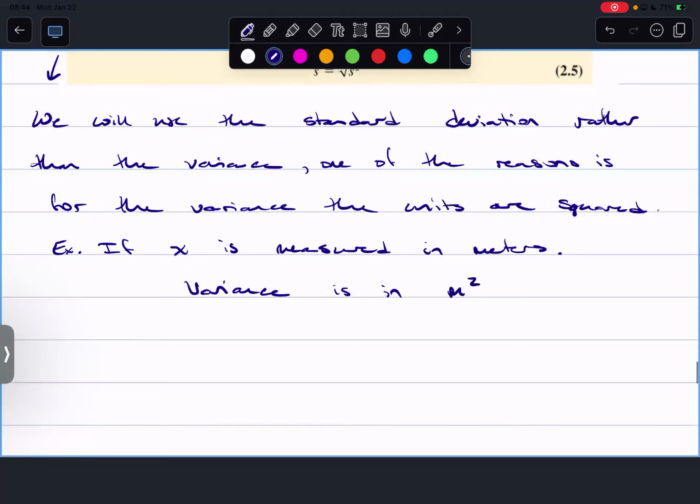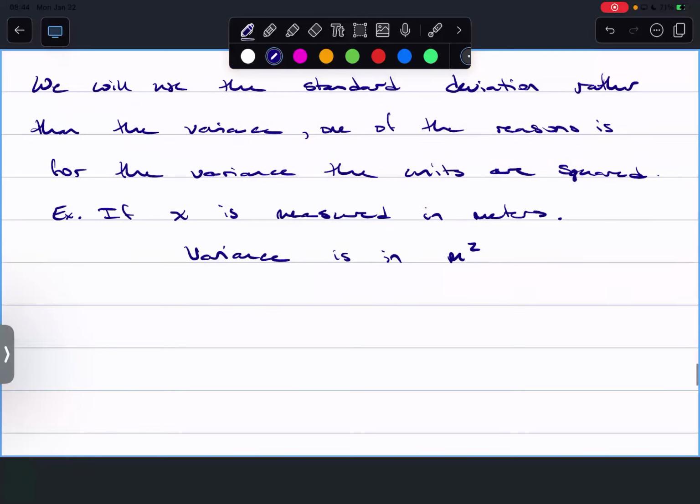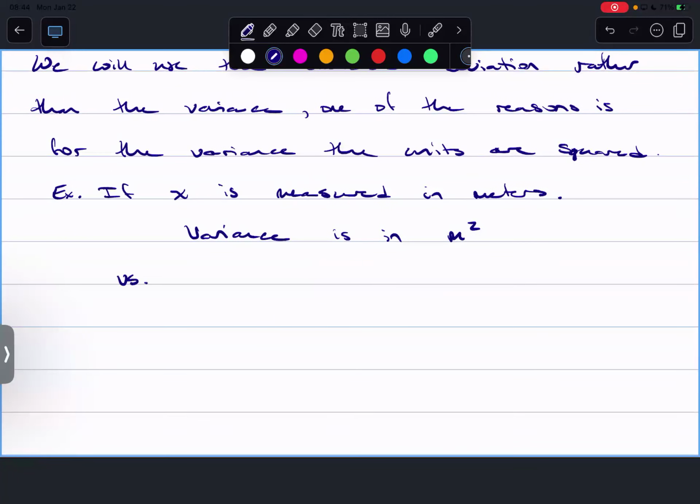If you take the square root of that, then the units are back to meters, which is easier to think about, because you have an average in meters and then you've got the spread in meters. So it's a little bit easier, versus the standard deviation, which is in meters.